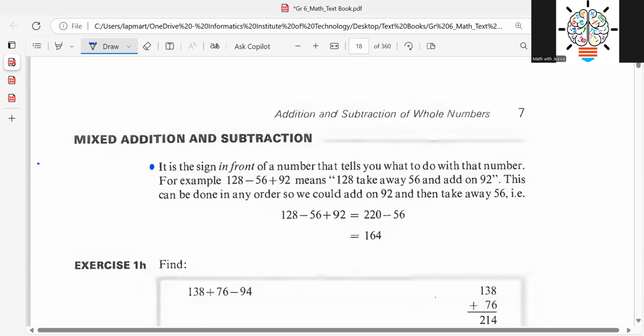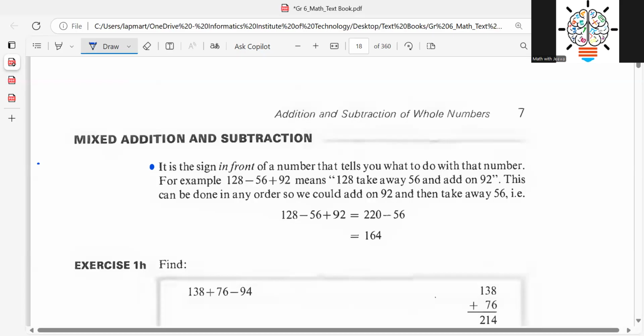So the sign which is in front of the number tells us what to do with that number. Either you are going to add that number or deduct that number, right? If you want to take away or deduct that number, you use the subtraction or minus sign. If you want to add it, you use the addition sign.